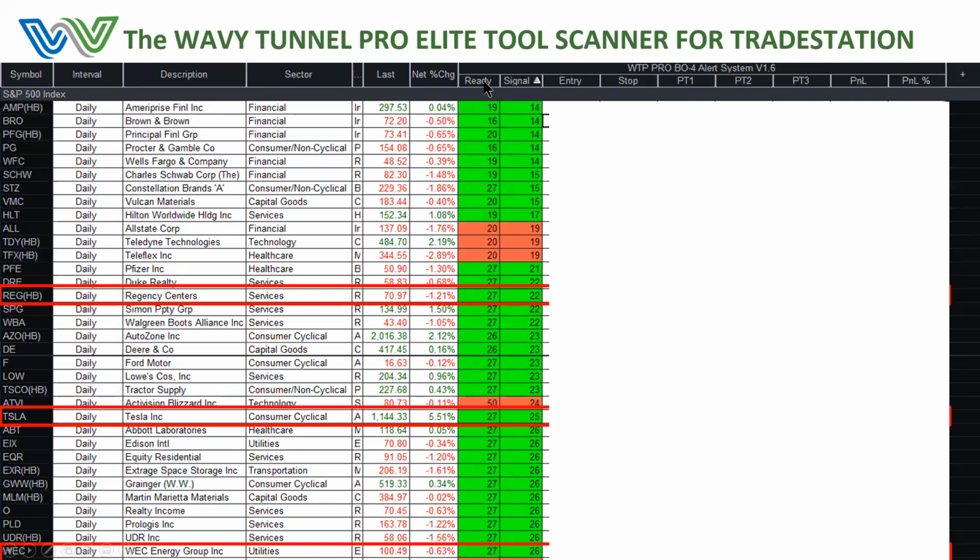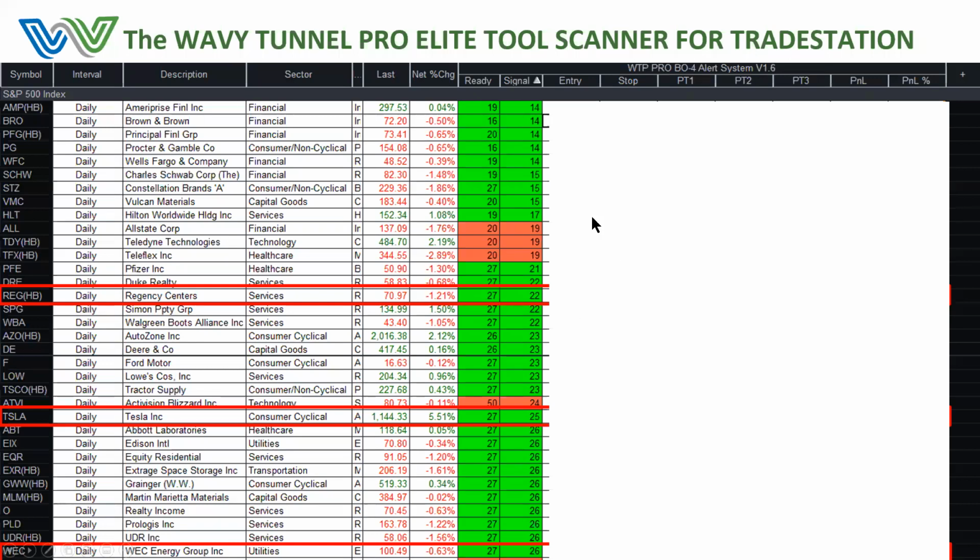So this is how you read it. You read the ready and the signal. The ready is when you saw the gray arrow. Now, the signal is when it went above the moving average. So this happened 27 candles ago, because I showed you the chart that had already started to move.